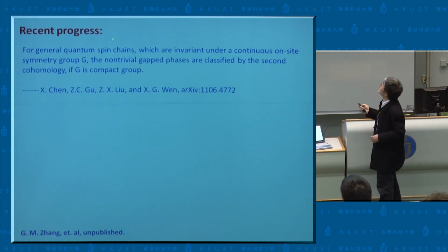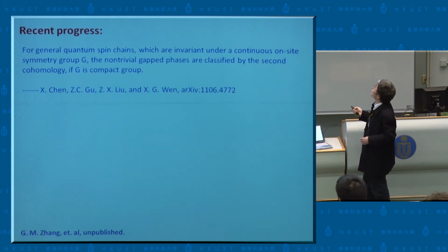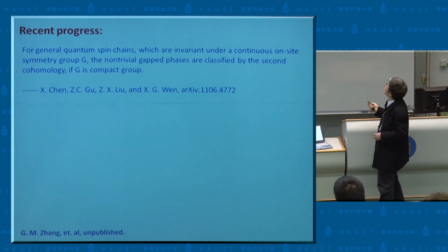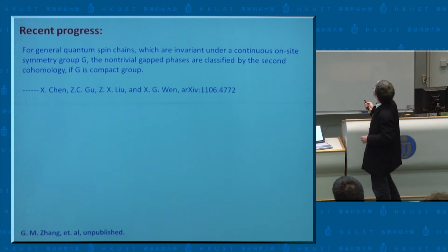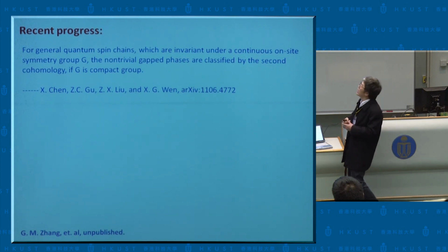It says that for a general quantum spin chain which is invariant under a continuous on-site symmetry group, the non-trivial gapped phases are classified by the second group cohomology.